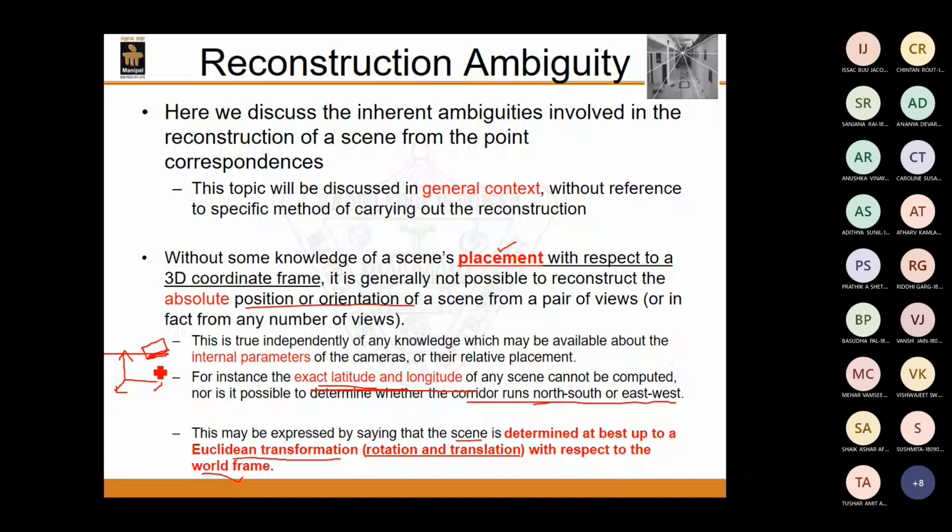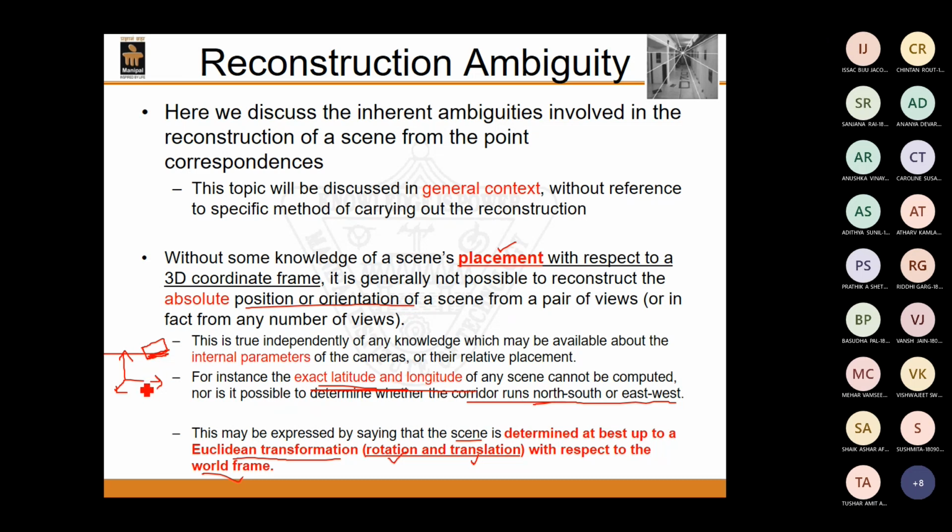That means if I take the reconstructed 3D scene and do either a rotation or a translation, or a combination of rotation and translation, then I can get the actual 3D scene within the world coordinate.